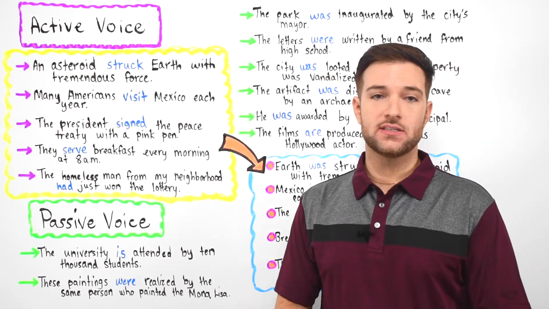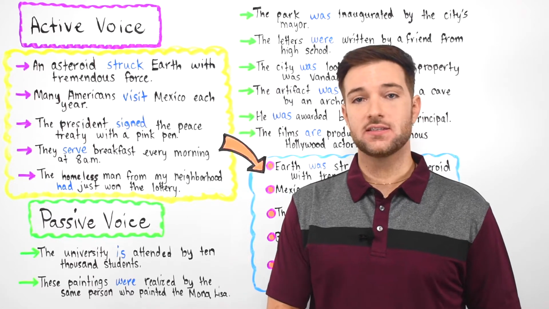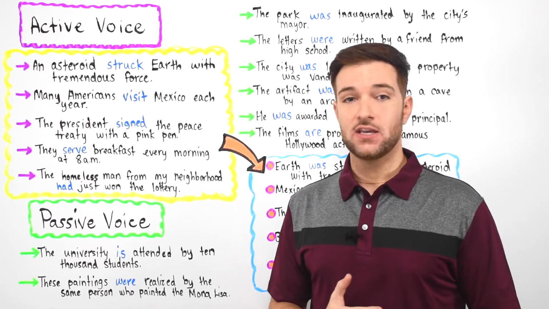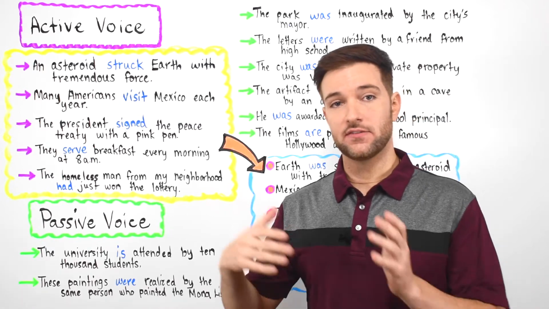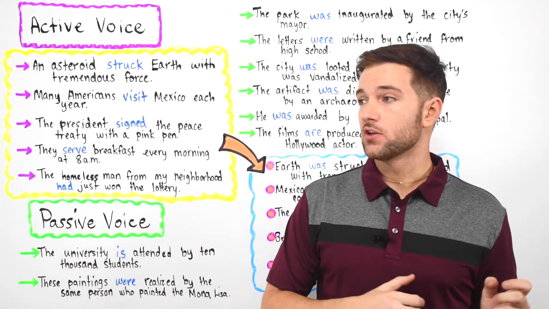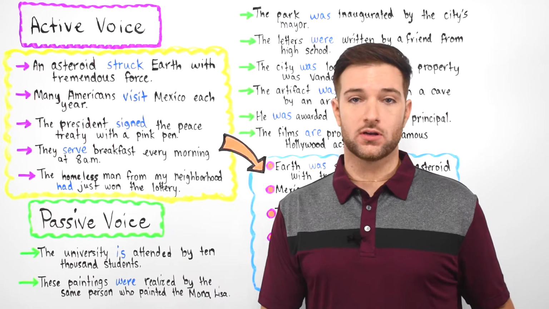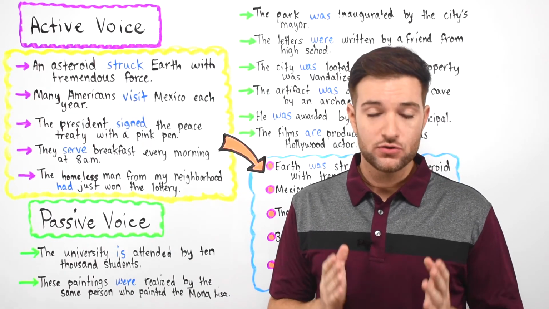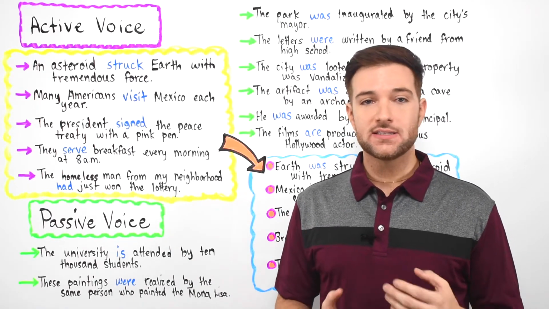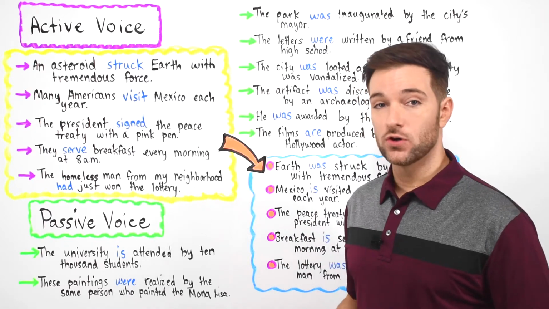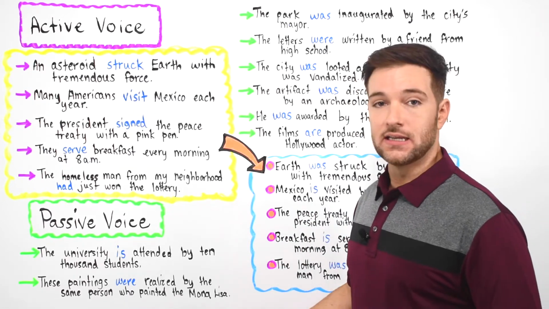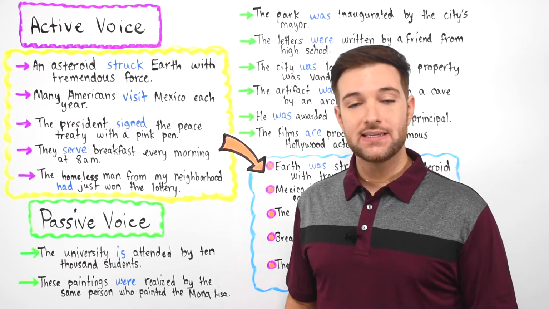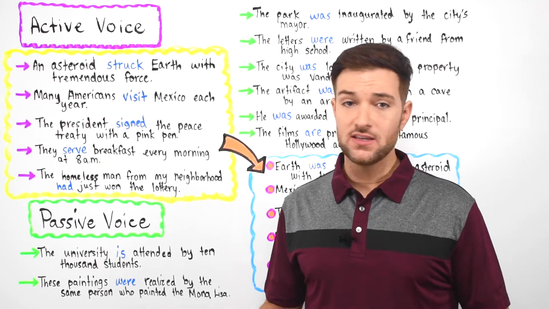Now, the active voice is used for the majority of sentences that we write and that we say in our everyday lives, whether we're talking to family or friends, whether we're at school or work. The active voice is very useful because not only does it make things less complicated and wordy, it also makes the meaning of what you're saying clear to the people that you're talking with, even in writing.